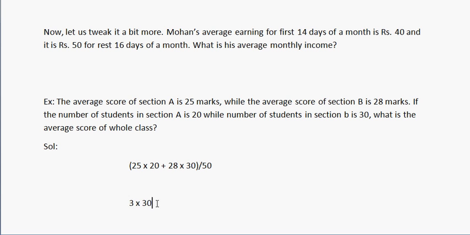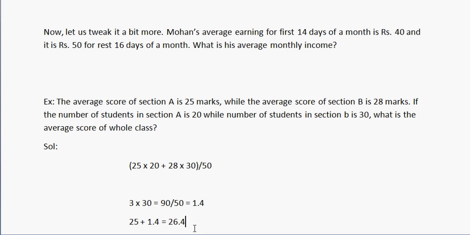So they would contribute 90 marks more, which would be divided among 50 students to find the average. So it would be 1.4 marks higher. We assumed the average was 25, and this would be added to that 25 to make our average 26.4.